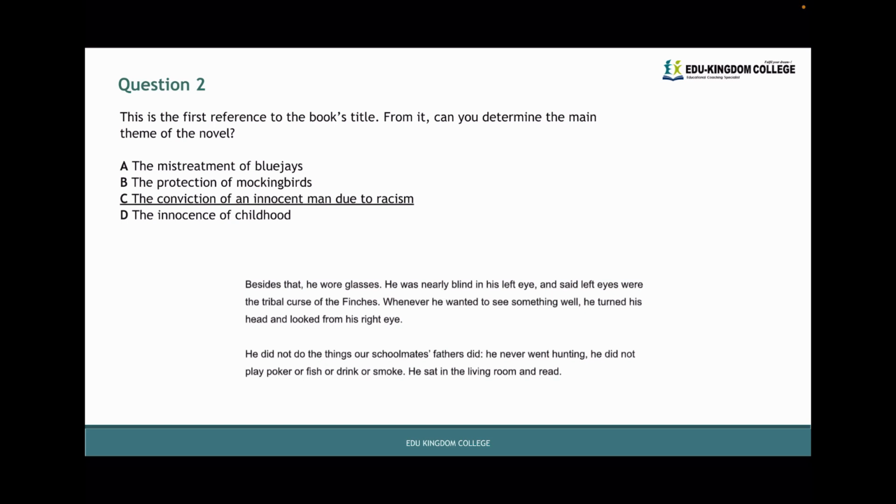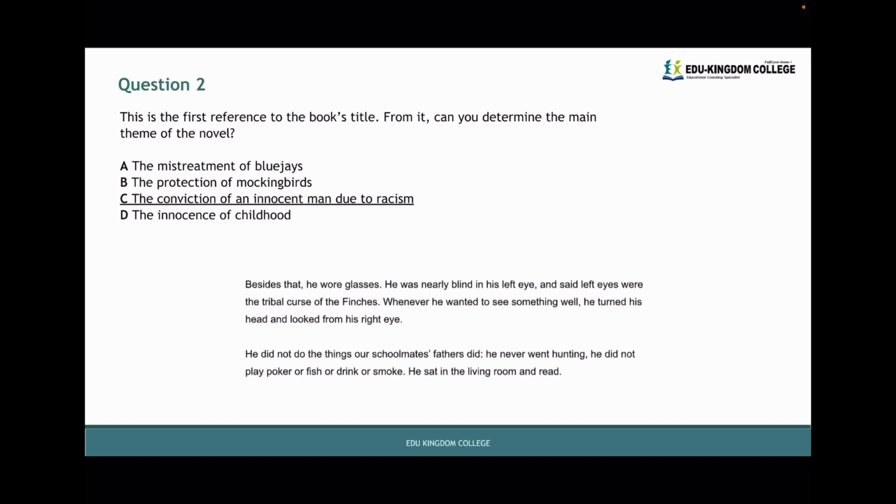So we already have the metaphor of the mockingbird being innocent, right? That means that it's a sin to kill a mockingbird because of its innocence. So the mockingbird is supposed to be a metaphor for the innocence of a person of color.